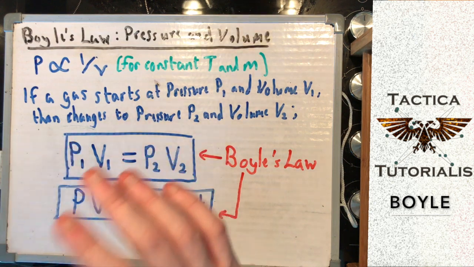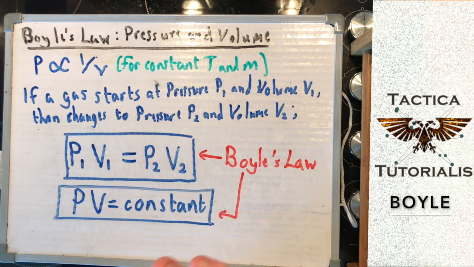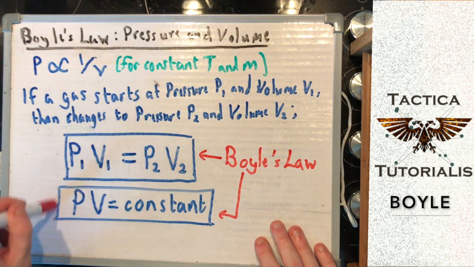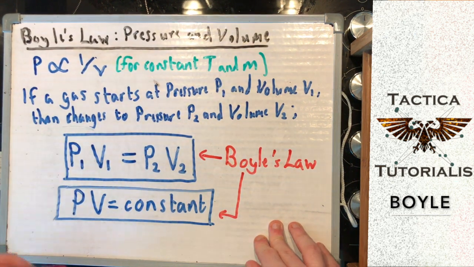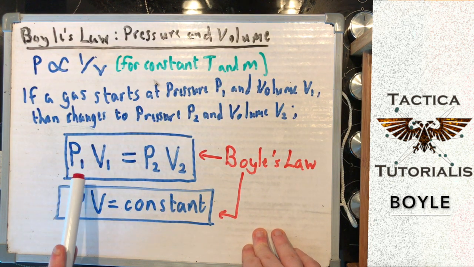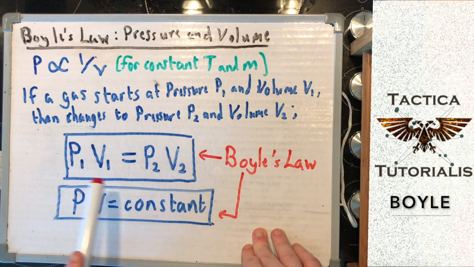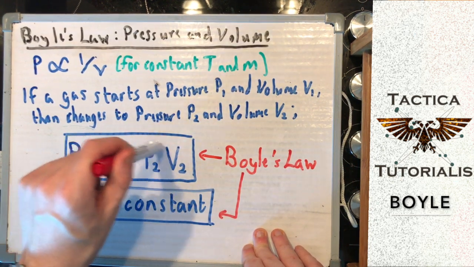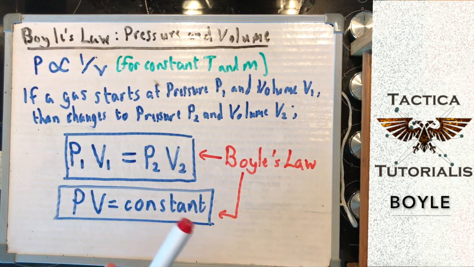These two laws are very, very useful and are coming up in a lot of tests. I've seen them done, and you need to be able to use them both equally. Sometimes you will be asked to calculate this constant, which is pressure times volume. And sometimes you'll be given 3 of these parameters, and asked to work out the 4th one.